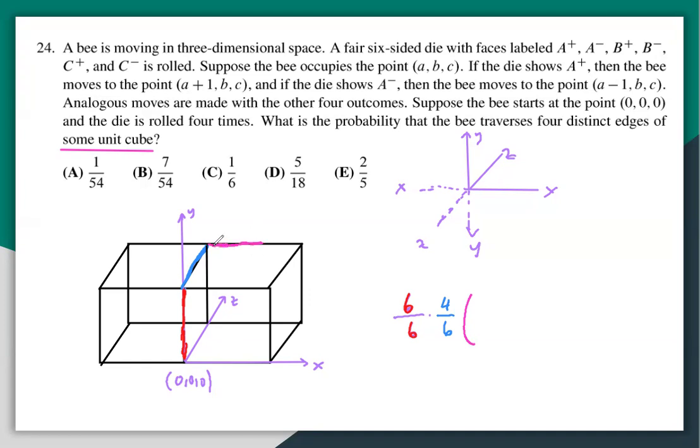I'm going to move to the right, which could have been done the other way around. So that could be 2/6 possible options. When I went this way, for my last move I can go this way or this way, so I have 1 and 2 options to finish that one. So that will be 2/6 as well.